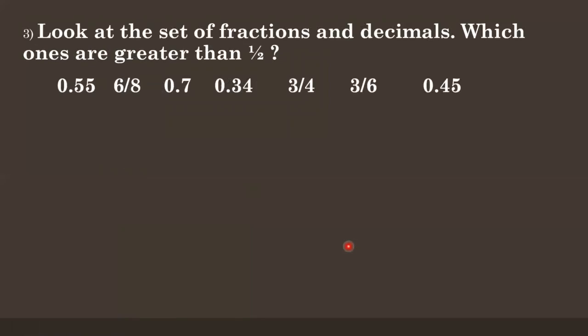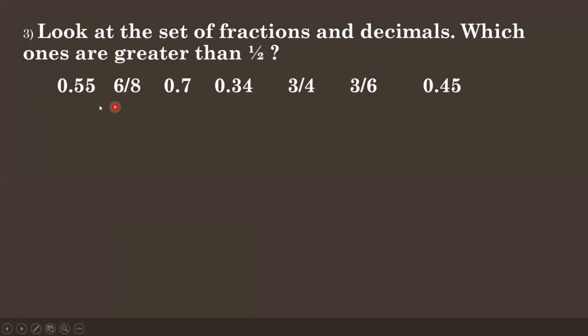Now we will move on to the third question. Look at the set of fractions and decimals. Which ones are greater than 1 by 2? The numbers are 0.55, 6 by 8, 0.7, 0.34, 3 by 4, 3 by 6, 0.45. Out of these numbers, we have to find which numbers are greater than 1 by 2.